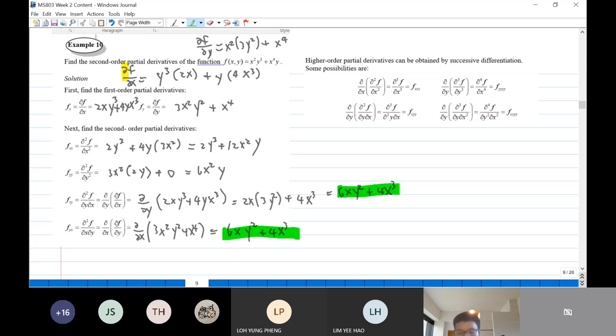How can you do the third order partial derivative? The pattern is the same, okay? It's the same, but you just look at the left side. So for example, if you have this one, differentiate x first, then y second, then y third.